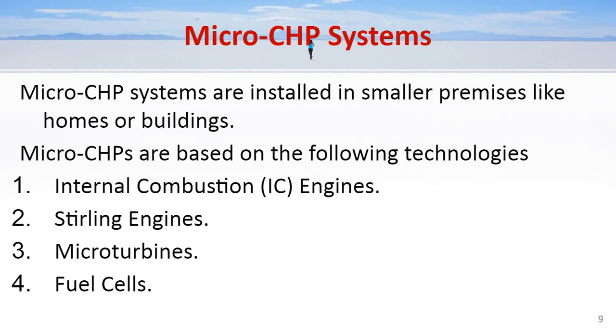Micro-CHP systems are installed in smaller premises like homes or buildings. Micro-CHPs are based on the following technologies: internal combustion technology, Stirling engines, micro turbines, and fuel cells. We will see the first two in this session, that is IC engines and Stirling engines.